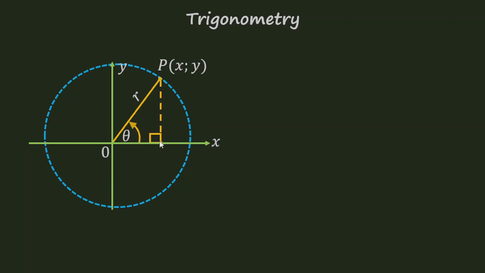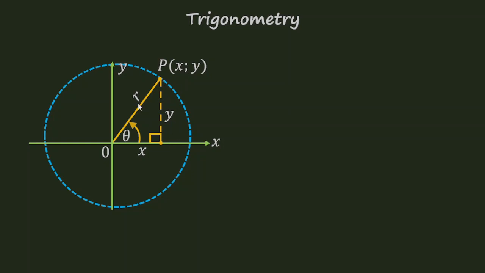If we complete this right-angled triangle, this side will be given by x, and that side will be given by y, which are the coordinates of the point that we've been given.